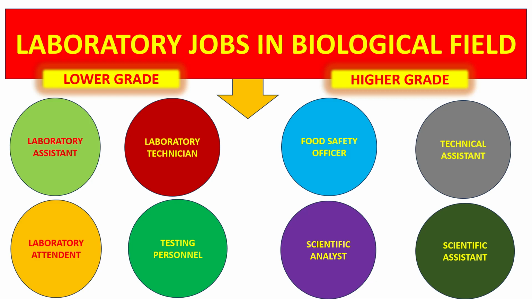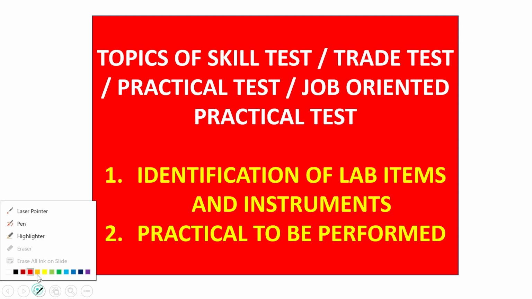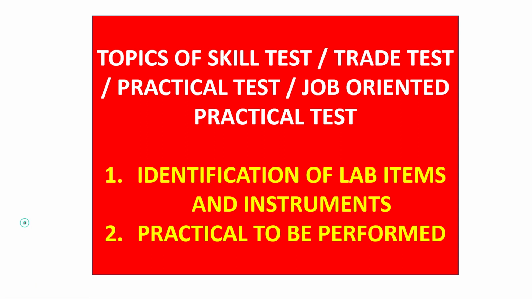Here we will discuss it. First we will see the topics of the skill test, trade test, or job-oriented practical test. Two topics we discuss here. The first is identification of lab items and instruments. That means many types of lab items or instruments used in labs, specifically biological labs, that we have to identify.